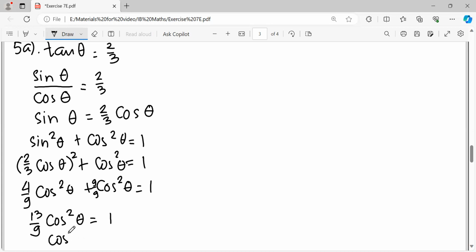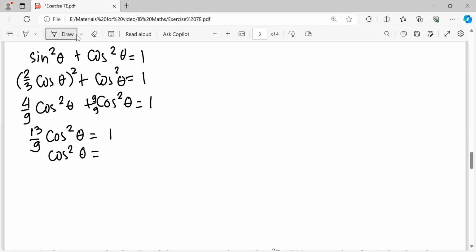So cosine squared theta equals 1 times 9 over 13.